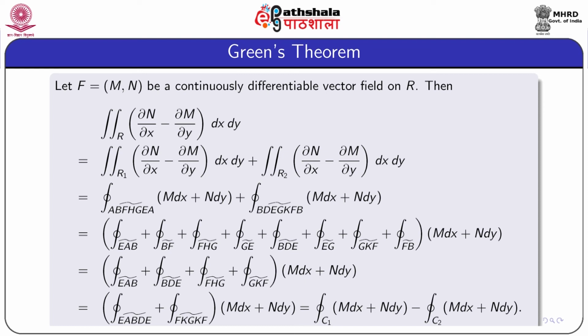So, we expressed it in elaborate form and we find that the integral over BF cancels the integral over FB and the integral over GE cancels the integral over EG. So, we are left with the integral over the curve EABDE plus the integral over the curve FKGF of M dx plus N dy. So, this equals the integral over C1 of M dx plus N dy minus the integral over C2 of M dx plus N dy.